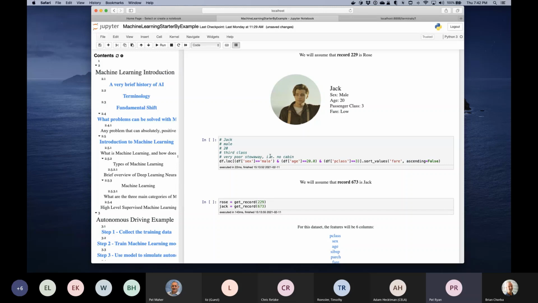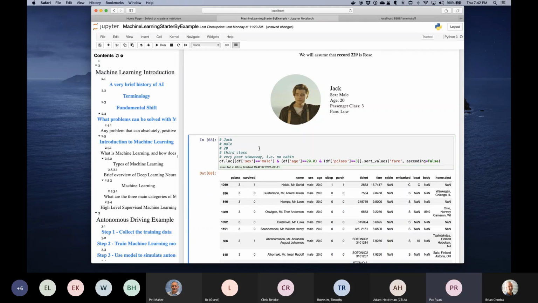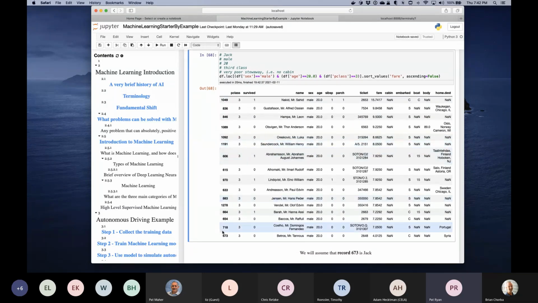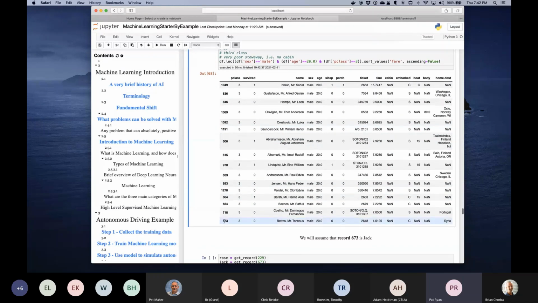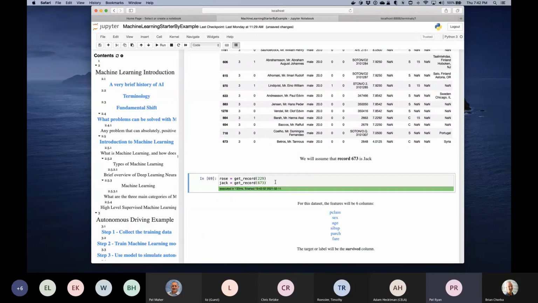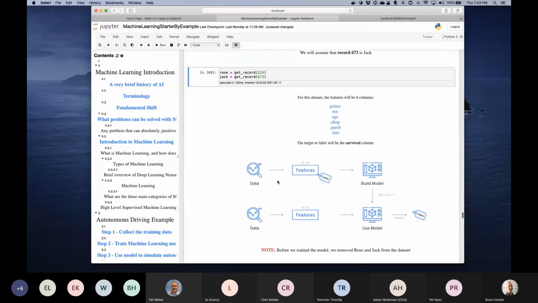So Jack was male, 20 years, probably a third class passenger, low fare. Let's see who matches that particular data. And there's a lot of them. So I'm going to go to the bottom and just pick 673 as the person that's going to represent Jack in our story. All right, so the first thing we need to do is pull those records out, because I don't want to train a model that actually has that. It'd be like giving everybody the answers to the test.